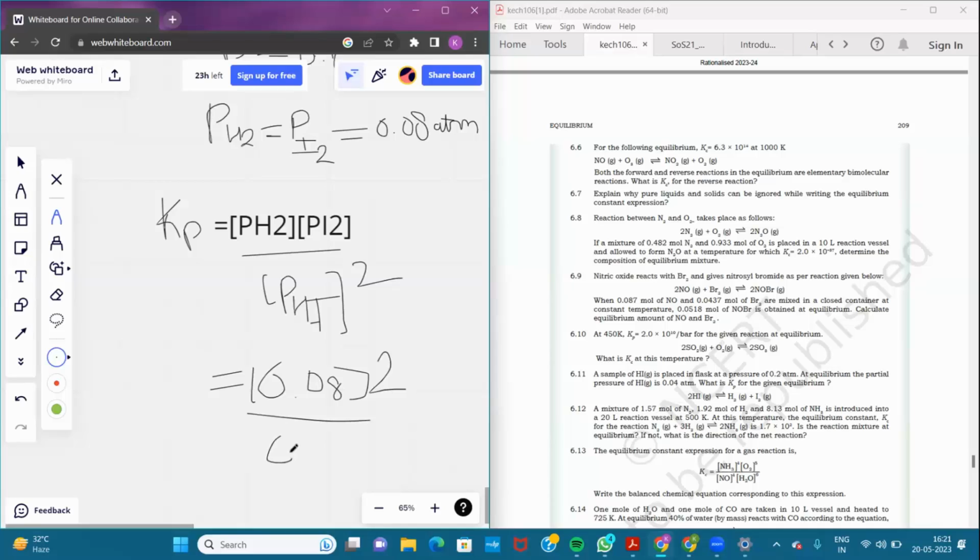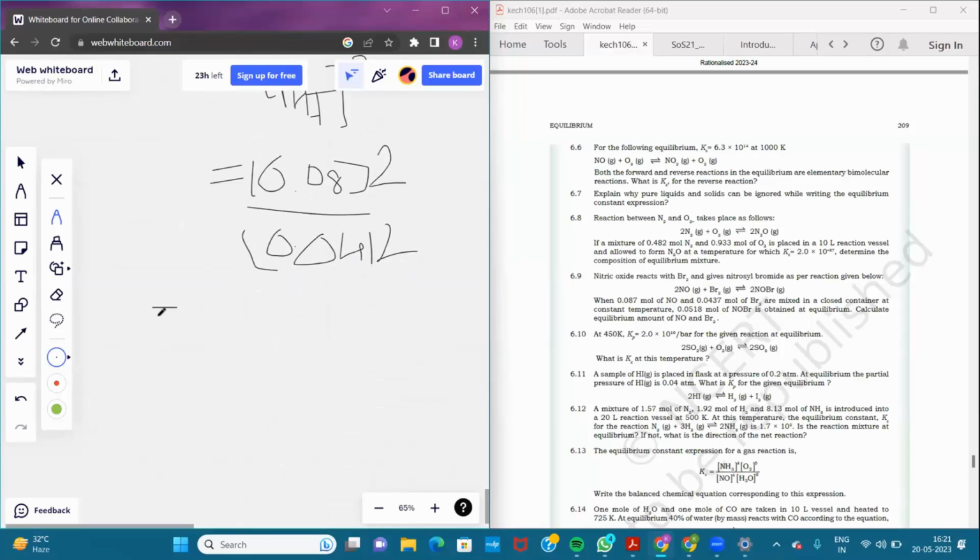Partial pressure of HI is given as 0.04 in the question, so we'll directly mention that, squared. On calculation, you get it as 4.